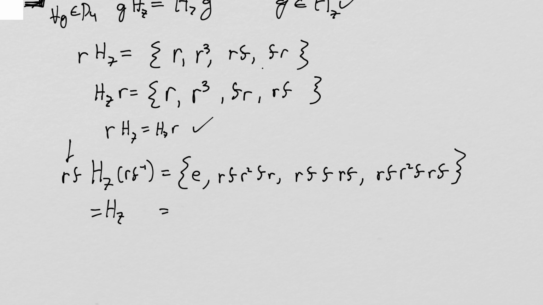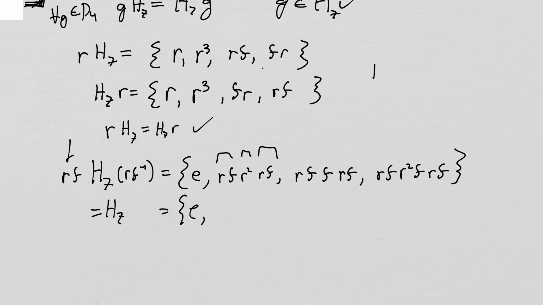RF is its own inverse. So RF inverse is going to be RF. And then for E, that's E. Then I have to look at RF, R squared, RF inverse. Oops, I wrote FR there. That should be RF, because RF is its own inverse. And, well, what does that end up being?